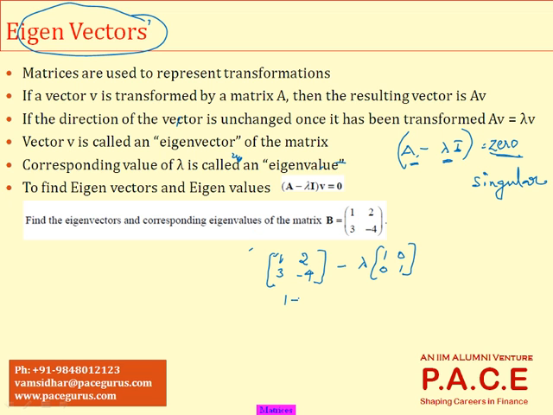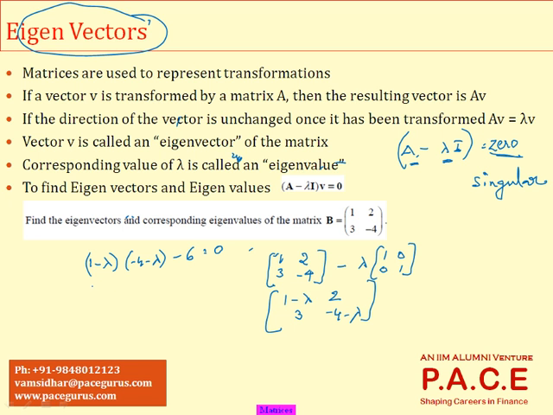I can take it like this: 1 minus lambda, 2, 3, minus 4 minus lambda. This is what is my new matrix. Find out the determinant for this matrix. So values on the principal diagonal minus the non-principal diagonal product is equal to 0.